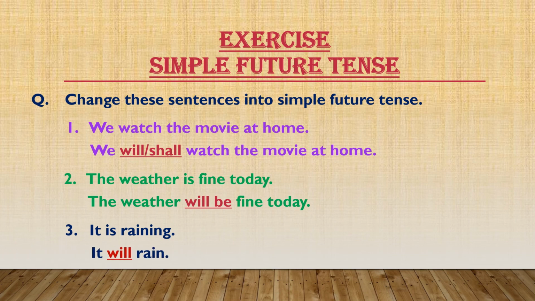You just have to add will and raining is the verb. Change it back into the root form. That is the base form. It is rain. So, it will rain. That is all. While solving such exercises, just keep in mind that you are talking about the future. And that is all you have to do.